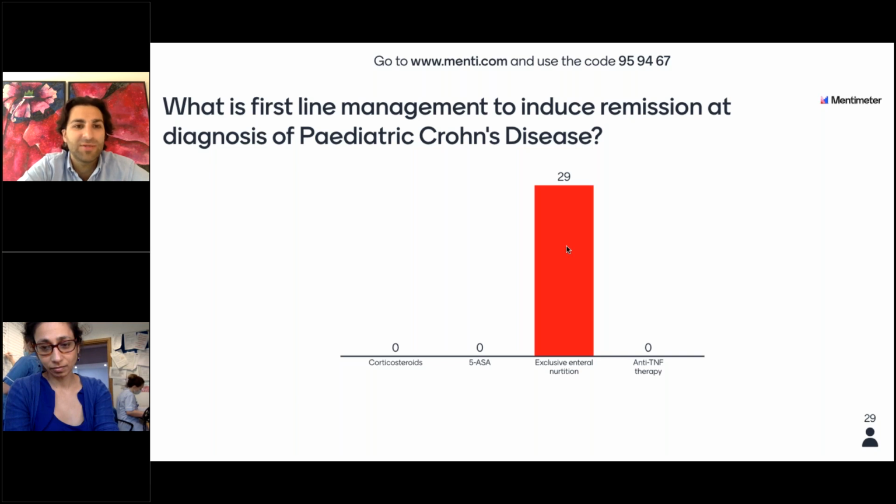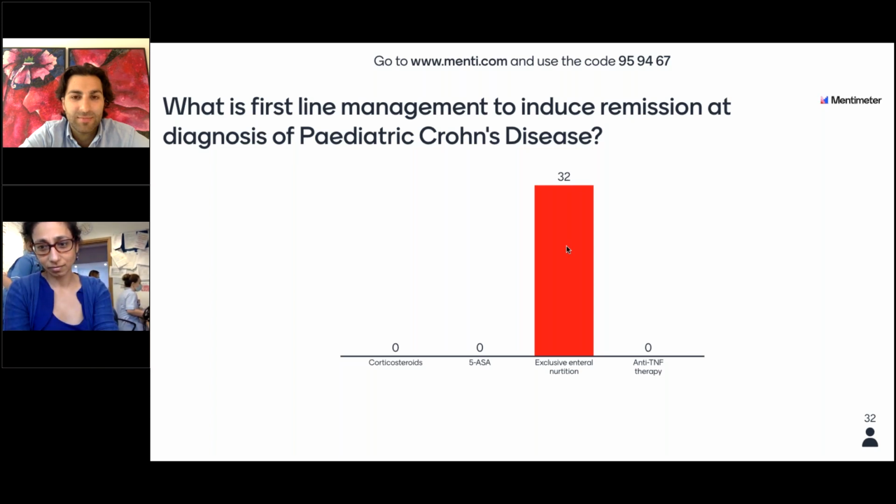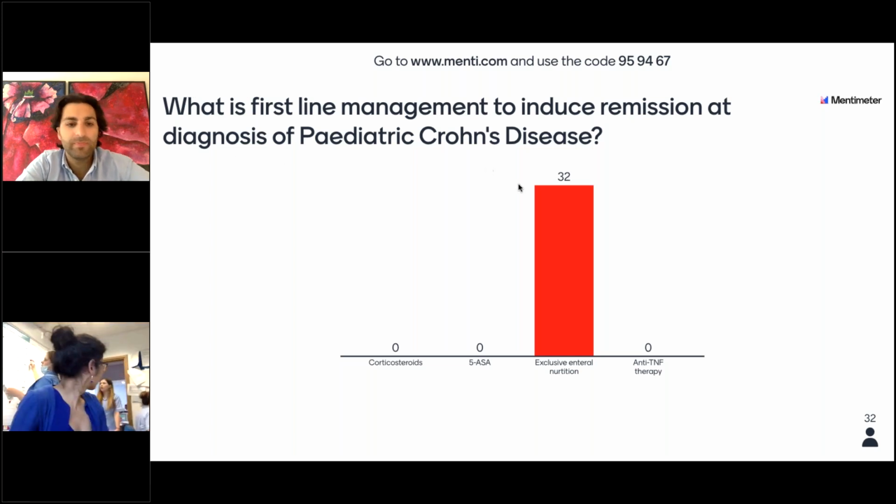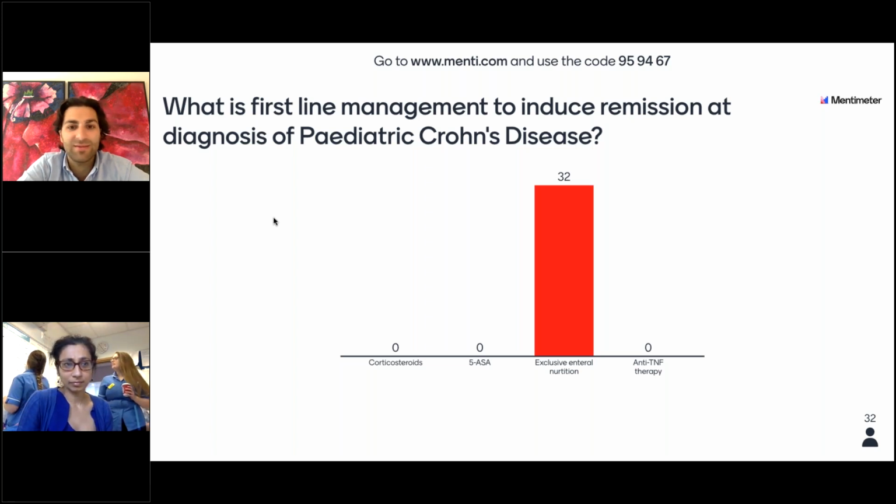Everyone who voted has got it right. First-line management to induce remission in pediatric Crohn's disease is exclusive enteral nutrition. It is just like magic. Give them milkshake and they get better.